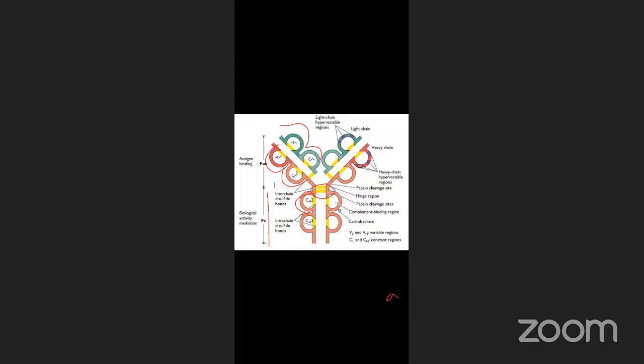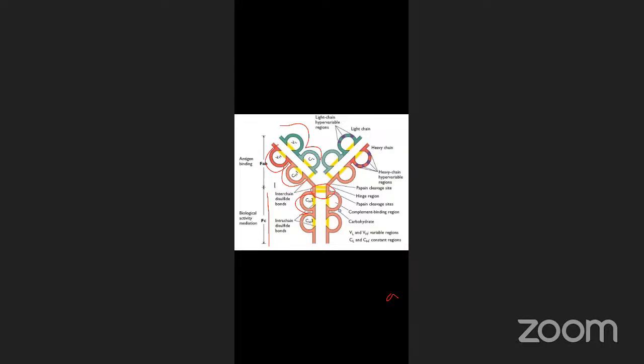One is immunoglobulin G, which has gamma chain as its heavy chain. Immunoglobulin M is the second type. Immunoglobulin A contains alpha chain. Immunoglobulin E contains epsilon chain. Immunoglobulin D contains delta chain.